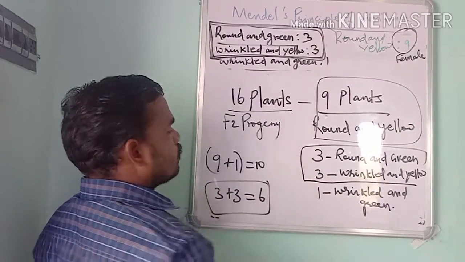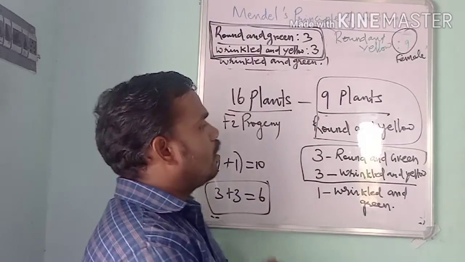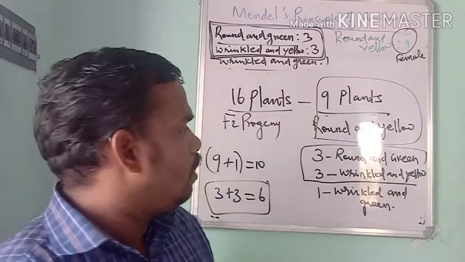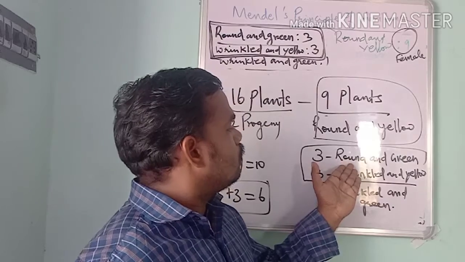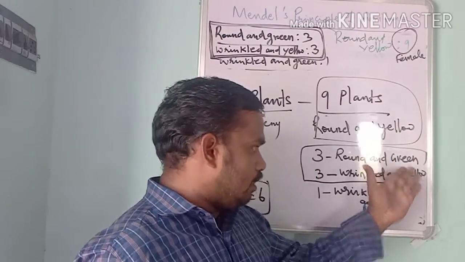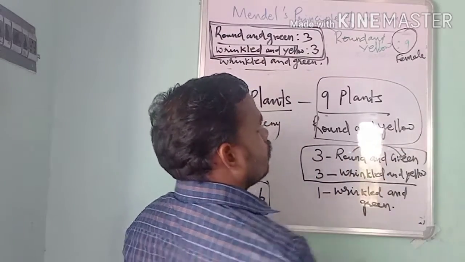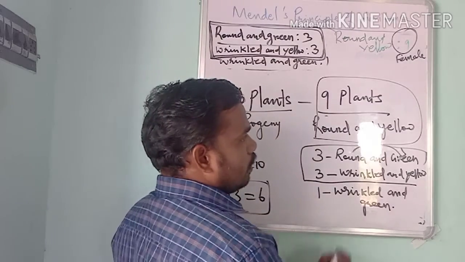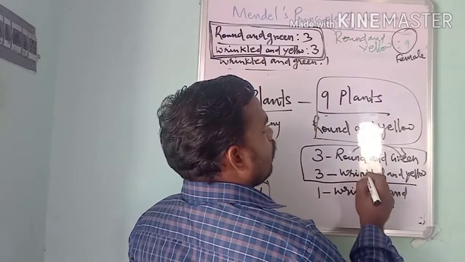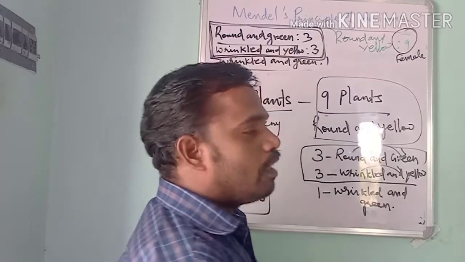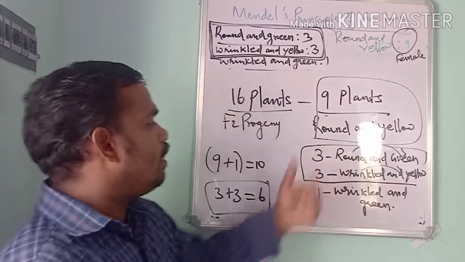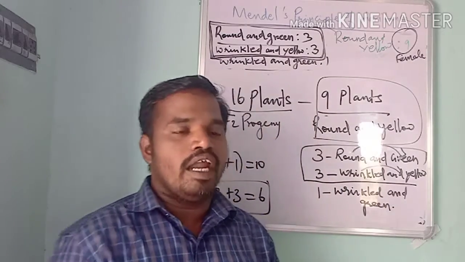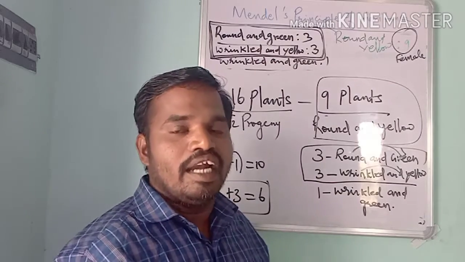And the 6 plants they are independently expressed. The traits are independent. Round trait is independent of green. Round வந்து green மேல independence. Okay, the wrinkled also independent of yellow. So thereby he concluded that one trait is independent of another trait and expresses itself.